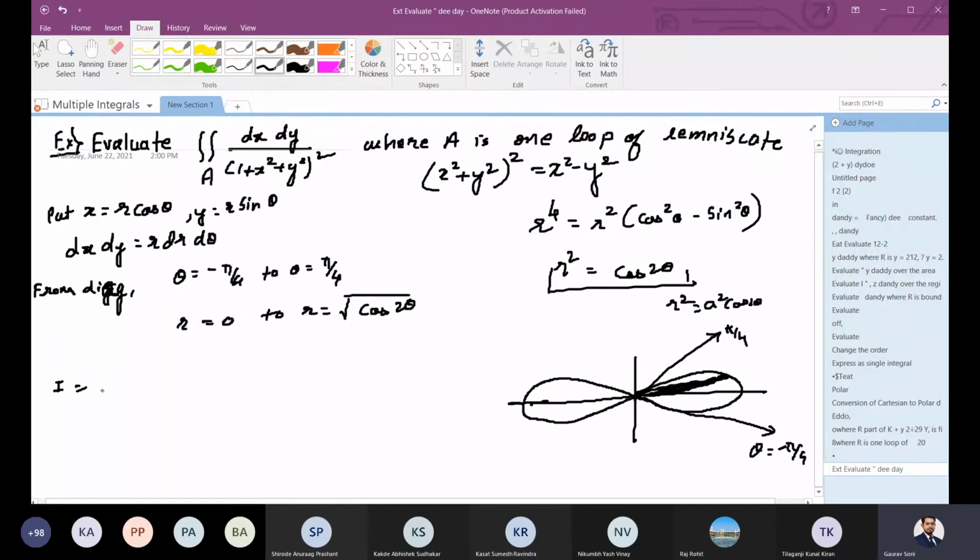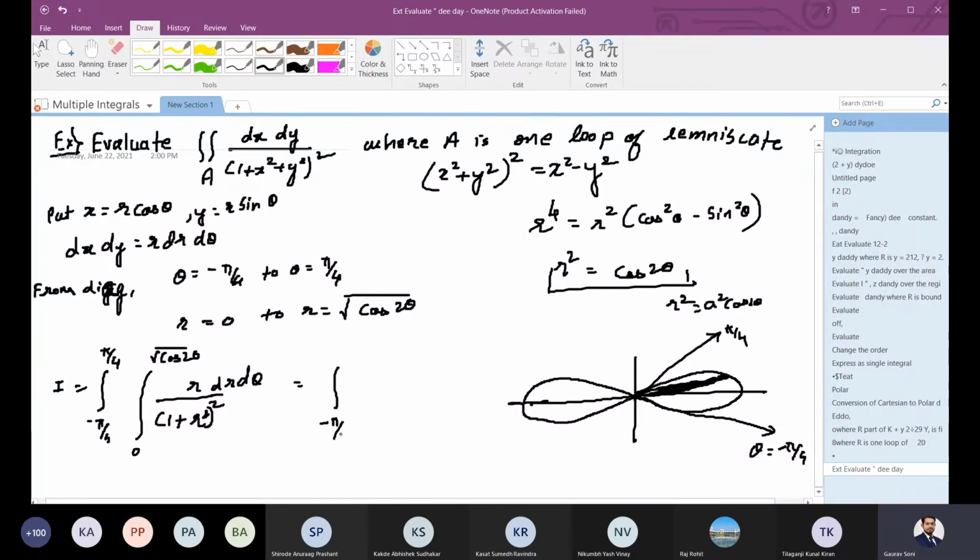So I is equal to integral from minus pi by 4 to plus pi by 4, 0 to under root cos of 2 theta, r dr d theta upon 1 plus x square plus y square, which is actually r square, whole square. We need to solve this integration.